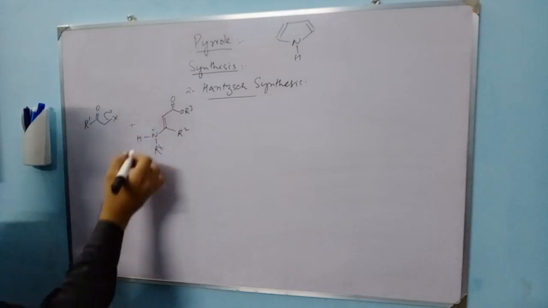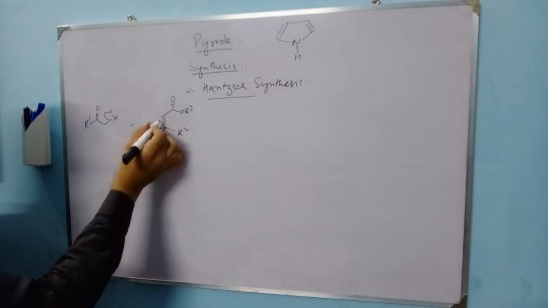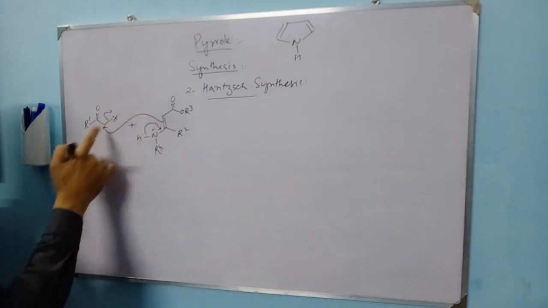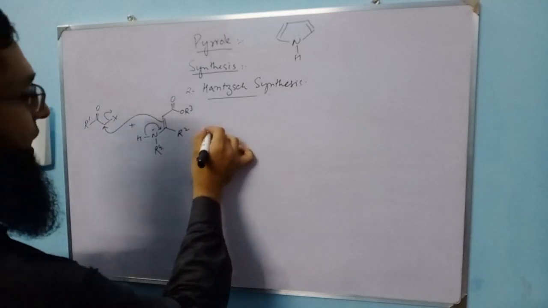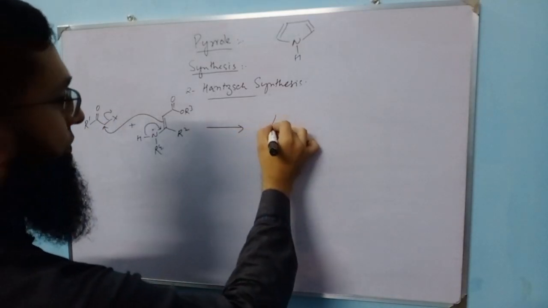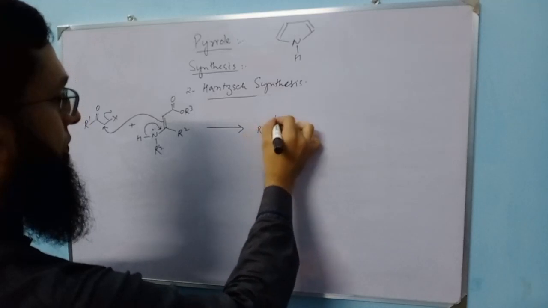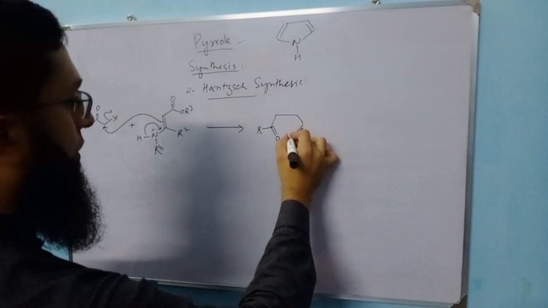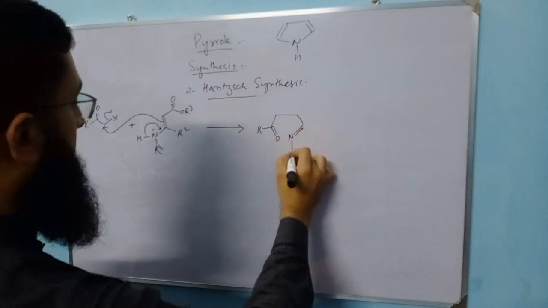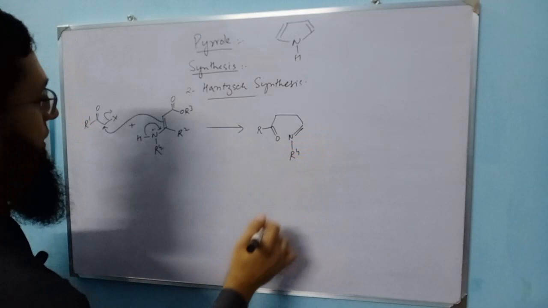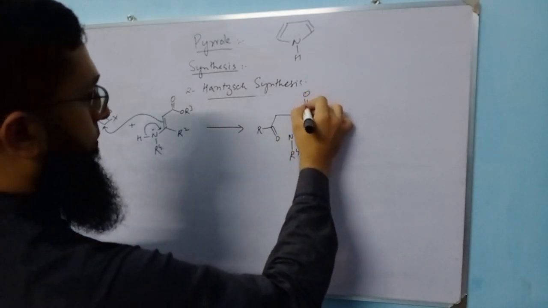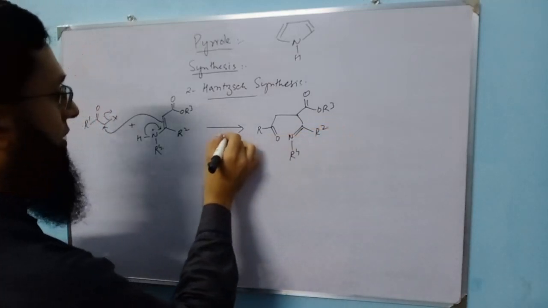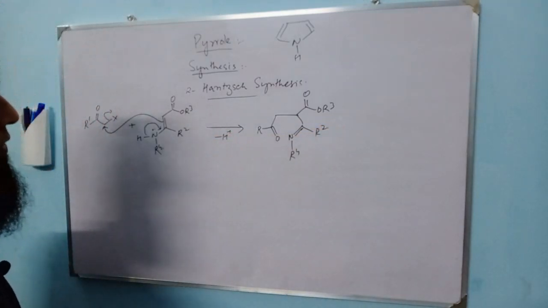In the second possibility, this bond shifts here and this double bond attacks on this alpha carbon to remove the halogen, and as a result we get this minus H plus, proton has been removed.